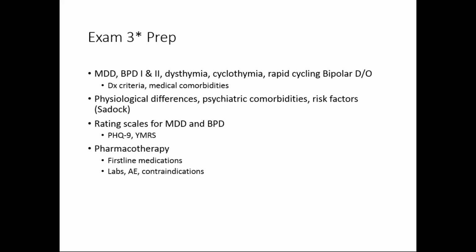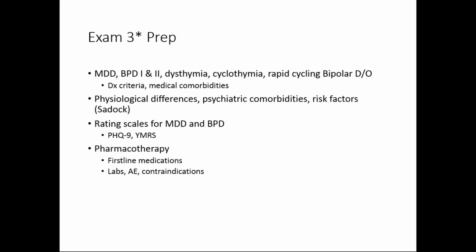SATIC will tell you about their brain structure differences, or their differences in age of onset, course of treatment, risk factors. That's all your SATIC information, which is really helpful in forming a differential when you're talking to people to know what tends to co-occur with these things. What's the usual onset?